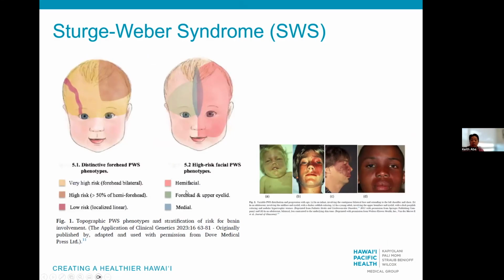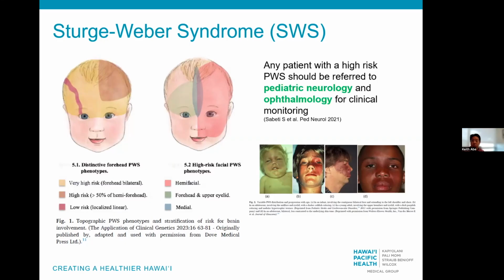So these are the higher risk areas, because it's not uncommon to have kids with port wine stained birthmarks who don't have Sturge-Weber. So in general, we tend to get referrals for these patients, and they should be followed both for the brain and eyes.